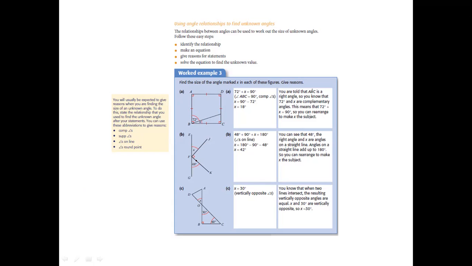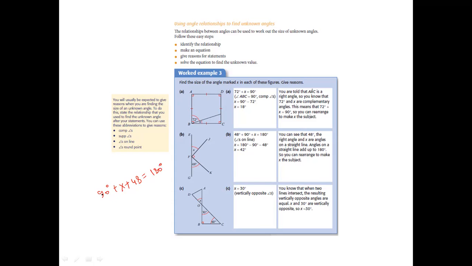Okay, there we have 3 values. First of all, the angle of JFK is 90 degrees, plus. And what is the second value of this straight line? It is x, and plus. And what is the third value of this straight line? It is 48. And it must be equal to 180, or straight line adds up to 180 degrees.